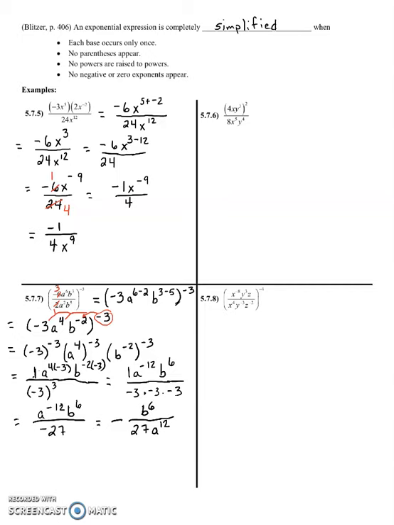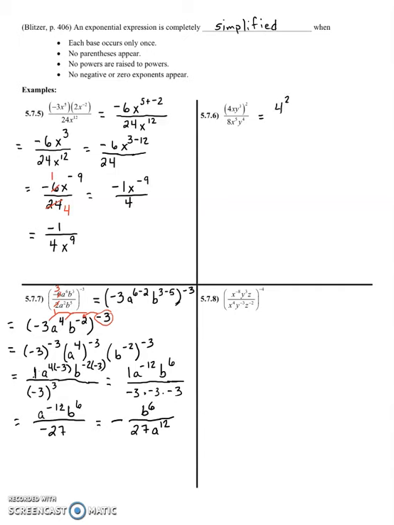Okay. Let's go to 5.7.6 now. So for this one, since the whole thing is not in parentheses, we cannot simplify first. So we need to apply this squared.